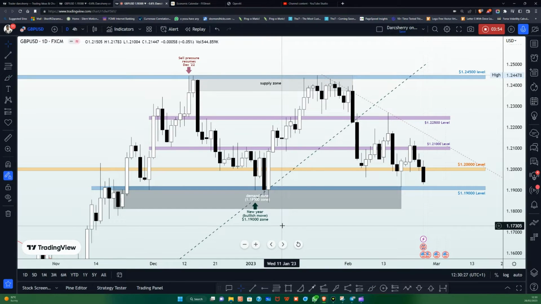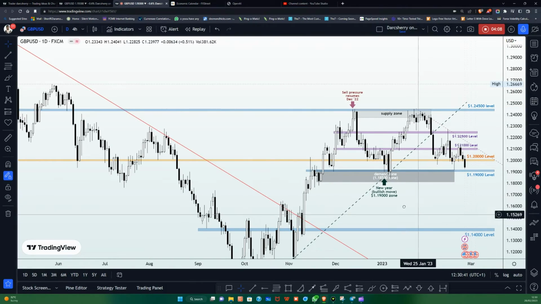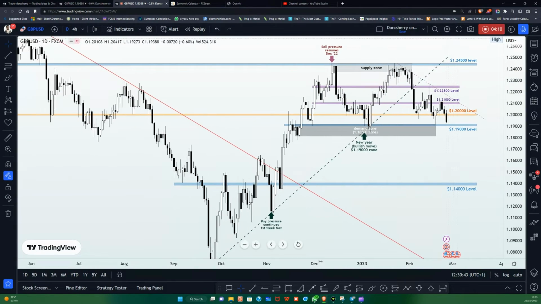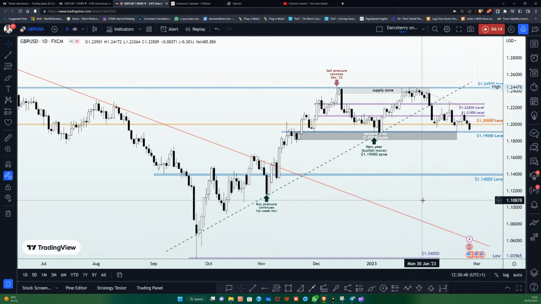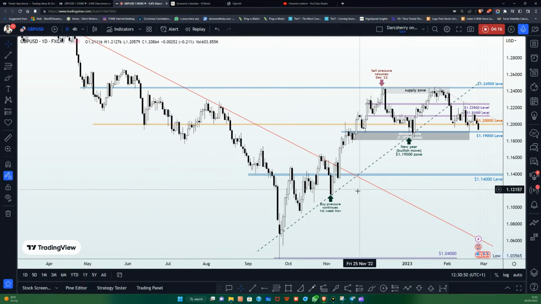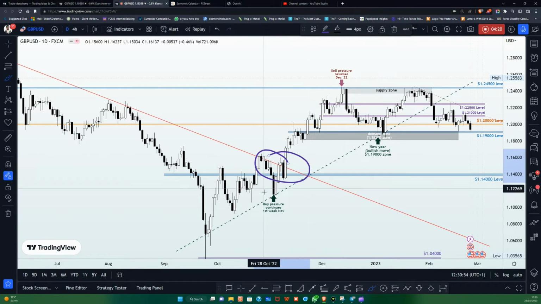But in order to have a better understanding of what this current structure is saying, we need to take a quick look at what has been happening prior to the formation of this structure. Now, if we zoom out a little further to see what has been happening here in the last 3 to 4 months, you will observe that price action was initially bearish before we saw the breakout of this trend line here.